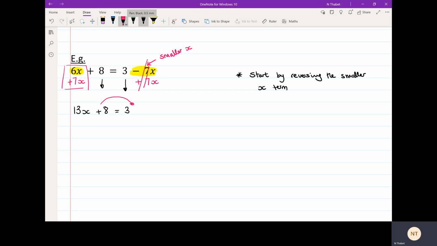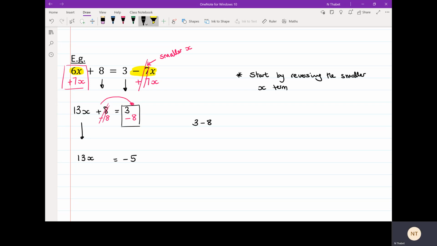So this is a positive 8, a plus 8. So I'm going to take away 8 from both sides. I put my line to say that this is now 0, 8 minus 8. And I've got now 13x equals 3 minus 8. Make sure you do it correctly. It's not an 8 take away 3, it's a 3 take away 8, which is minus 5.